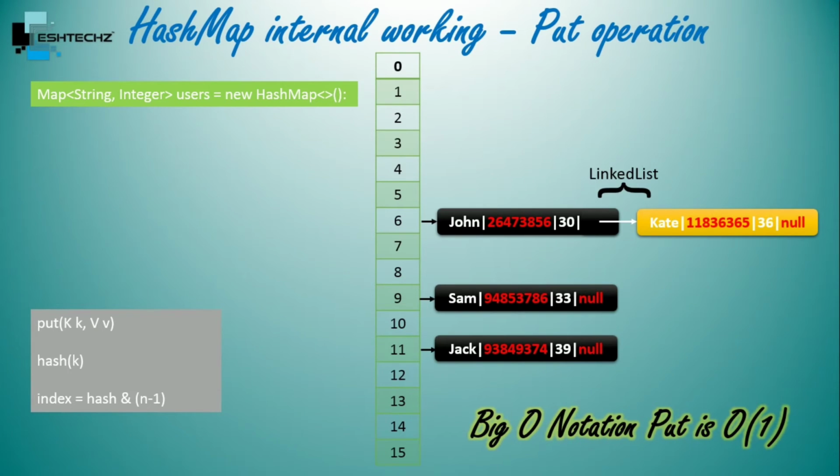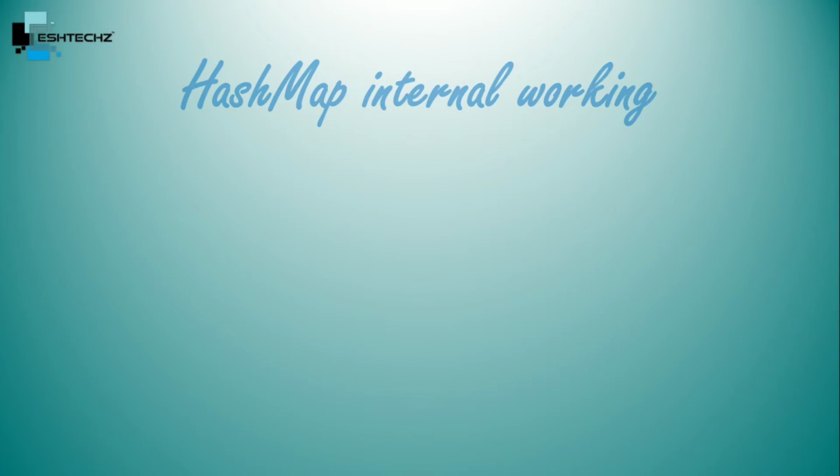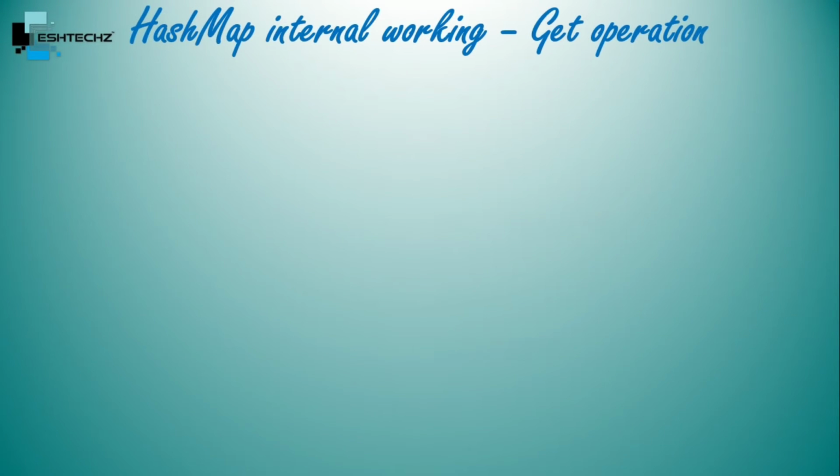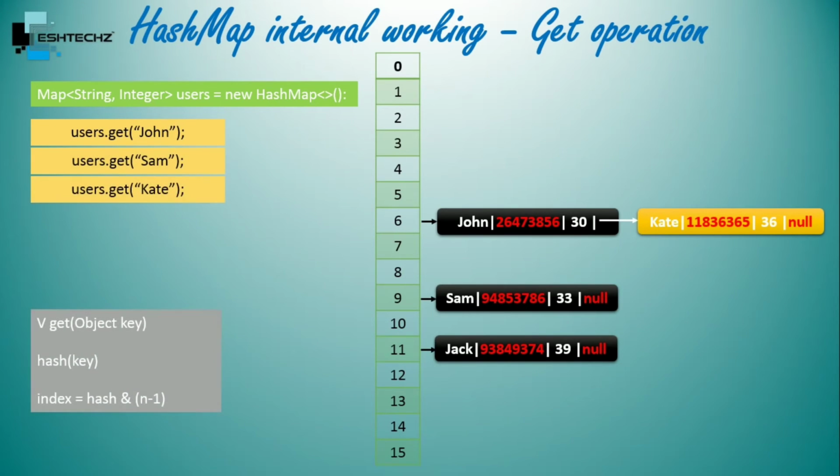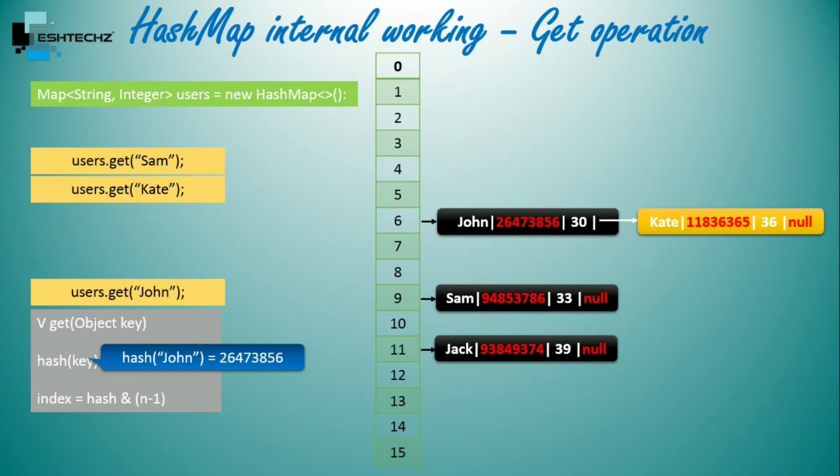Next is the get operation. Now for the get operation, we already have this many values stored in our HashMap. So to get the value, we need to provide the key. And when we execute this, we pass that key to the get method, which calculates the hash of that key.